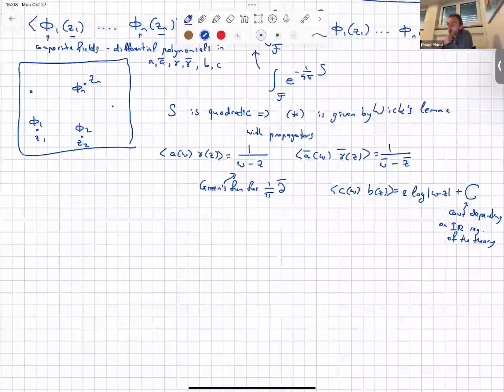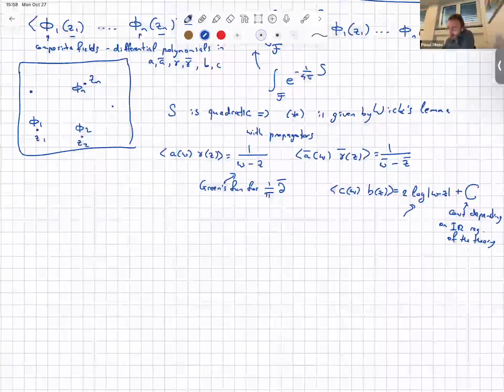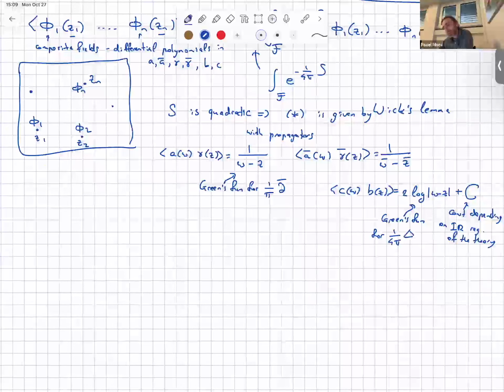So what's that about? Well, you're trying to write down the Green's function, up to some constant, for the Laplacian. That's the integral kernel for the inverse of the Laplacian.